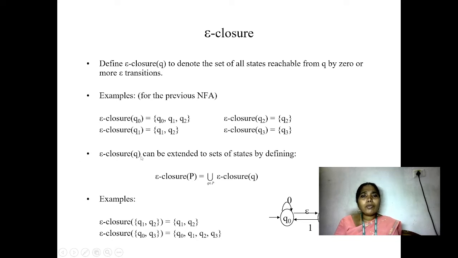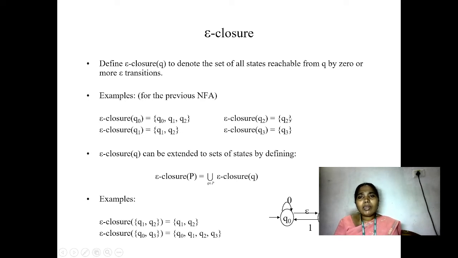So epsilon closure can be extended to a set of states by defining epsilon closure of P as the union of all epsilon closures of Q where Q belongs to P. For example, suppose you want to find the epsilon closure of two states, Q1 and Q2. For Q1, it is Q1, Q2.